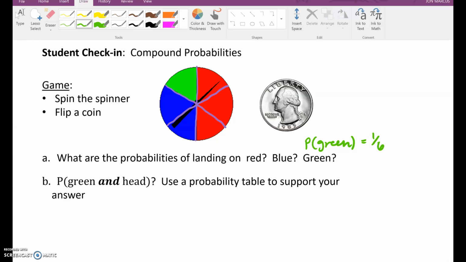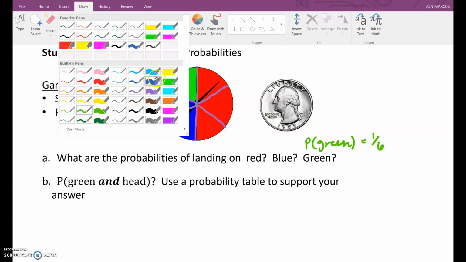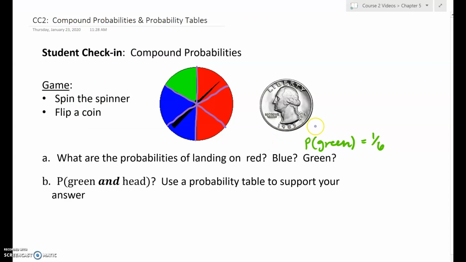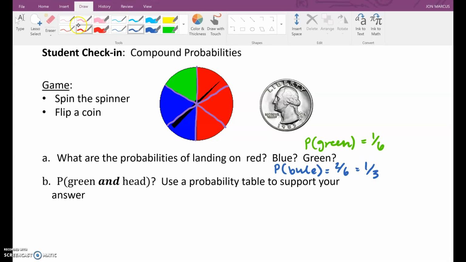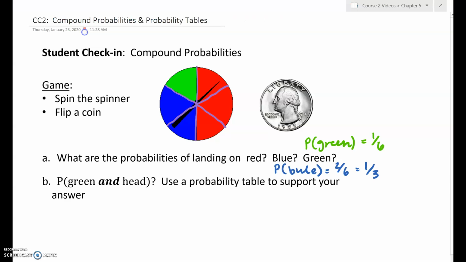The probability of it being blue is 2/6 or 1/3, and the probability of it being red is 3/6 or 1/2. Good. I'm going to use the simplified probabilities.